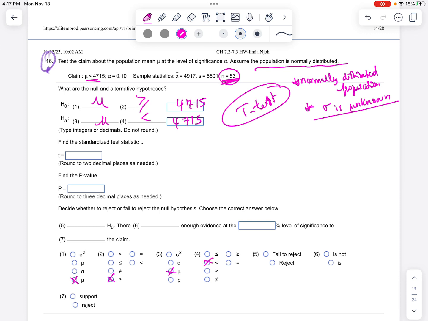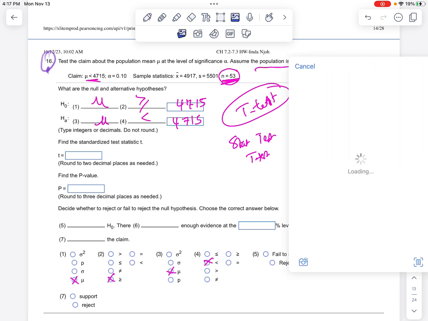Now we're going to go to stat, test, t-test. You have stats. Your mu0 is 4715. X bar is 4917. S of x is 5501. N is 53. And it's a less than test.